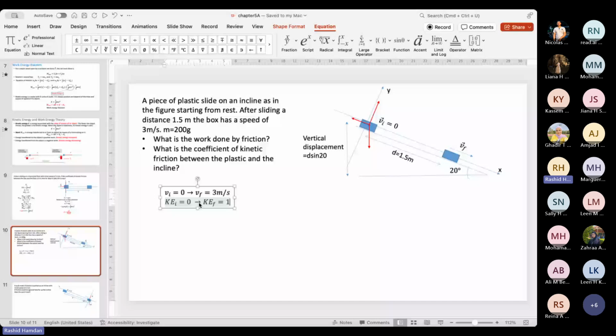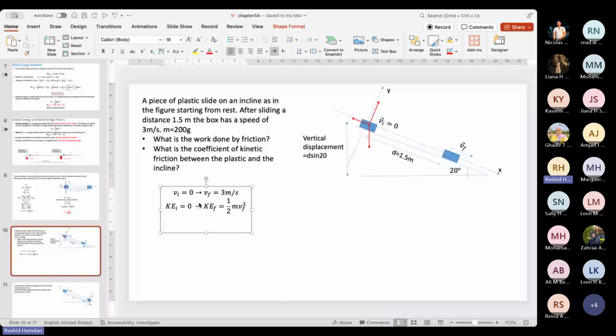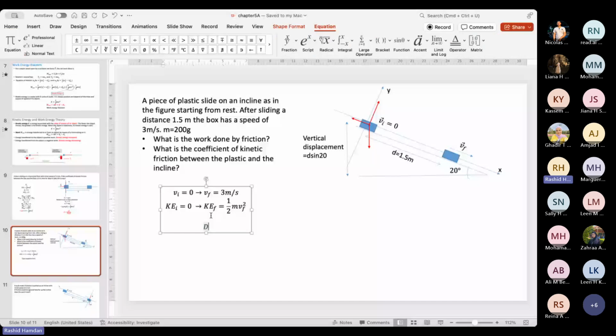Okay. Now, as I'm sliding, there is work done here by weight, because now weight is not perpendicular to motion anymore. Right, because I'm still moving along the x-axis. So let's write our displacement. I chose the x-axis that way. So delta x is equal to d, equal to plus 1.5 meters.